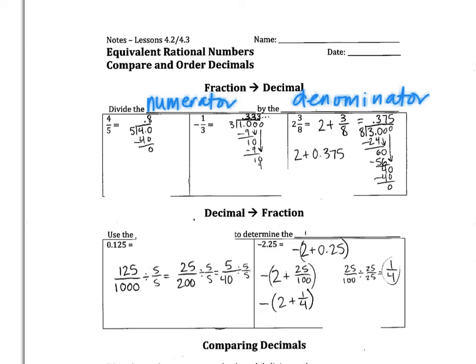If we have the number 4/5, then we're going to divide the numerator, which is your top number, by the denominator, which is the bottom number, which is what we did here. And you're going to come up with an answer of 8/10.